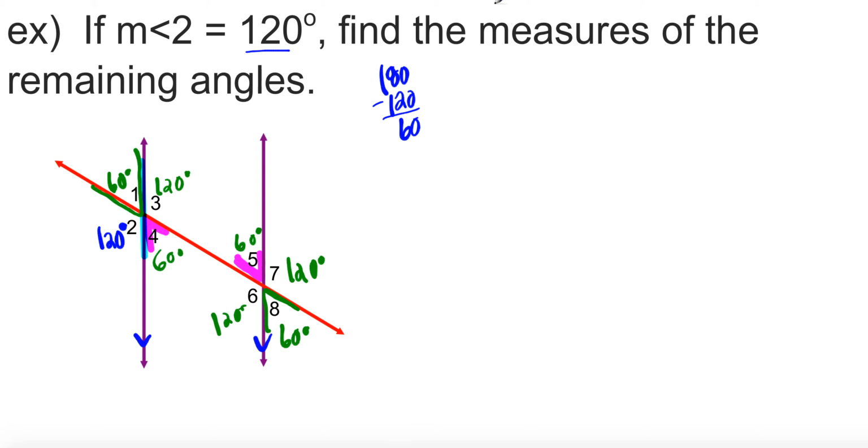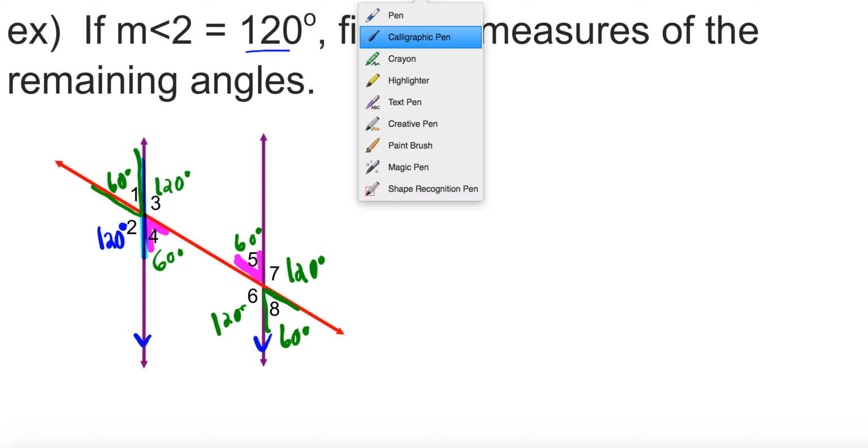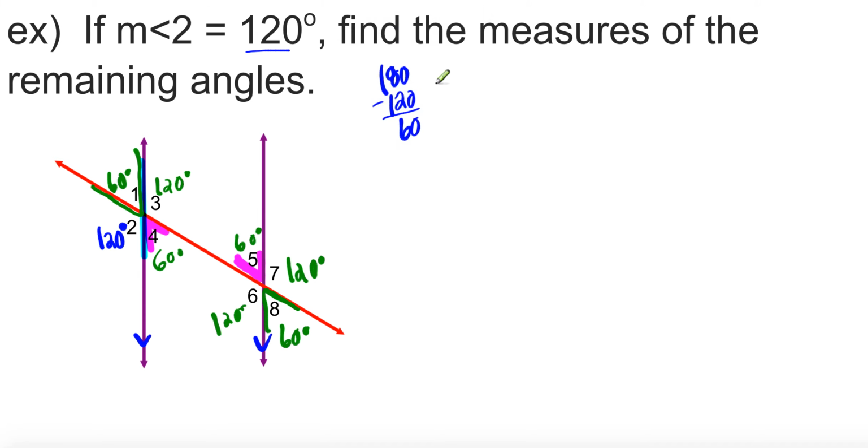And I just want to point out, because we didn't talk about it a lot on the last slide, that angle 3 and angle 5 are on the same side of the transversal, and they're interior, and they're supplementary. 120 plus 60 is 180. So all these relationships hold true, so we have found all the measures of all the angles just given this one measure at the beginning.